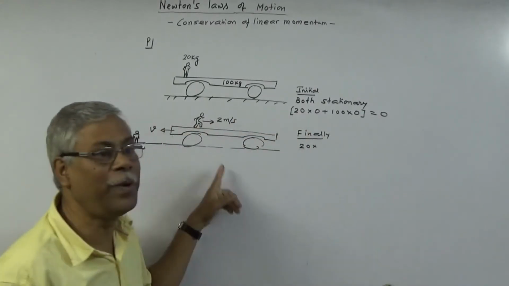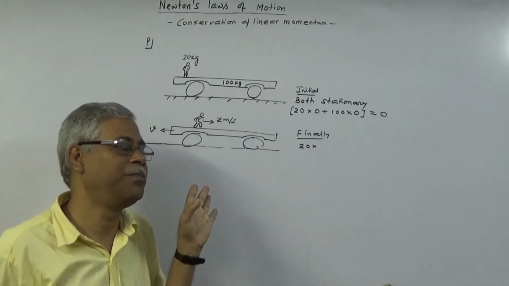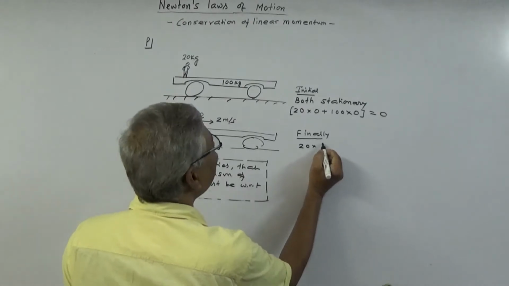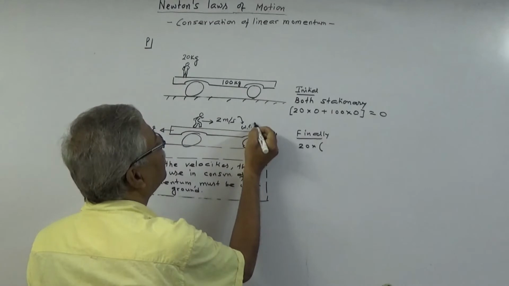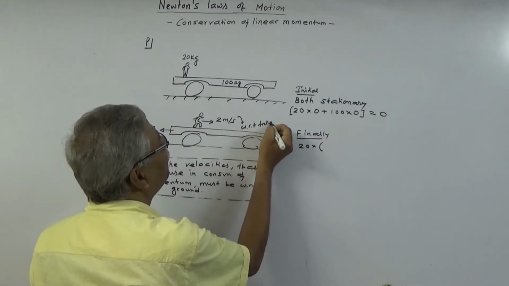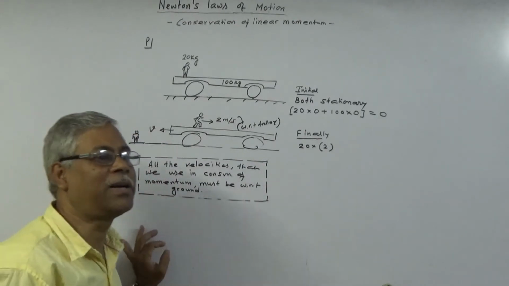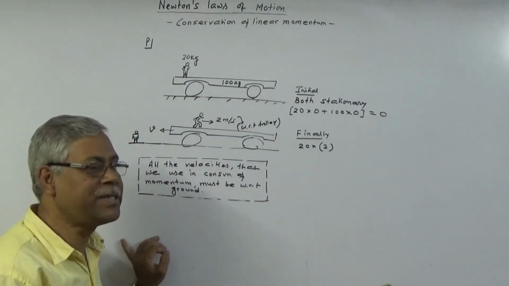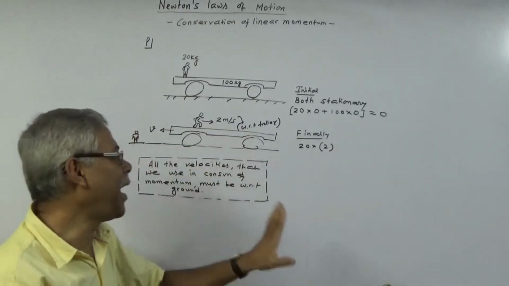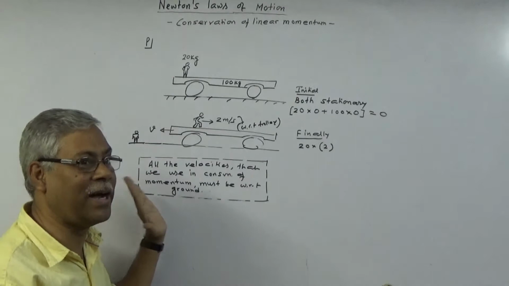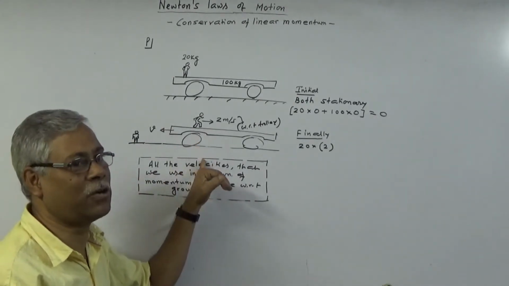And in conservation of momentum, always use velocities with respect to ground. Finally, 20 into this: 2 meter per second is obviously with respect to the trolley. If you put 2 here, then you are utterly wrong, because by convention, always use the velocities that are with respect to ground.